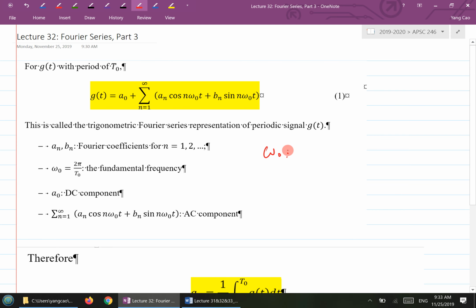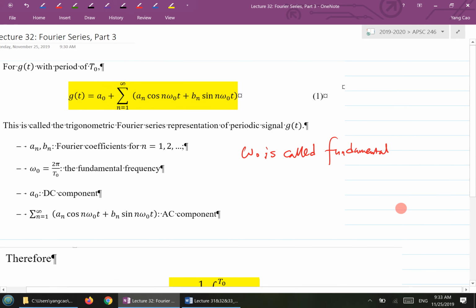So omega naught is called the fundamental harmonic. And the other terms are all sinusoids, and the sinusoid has a frequency of n omega naught, where n is an integer.